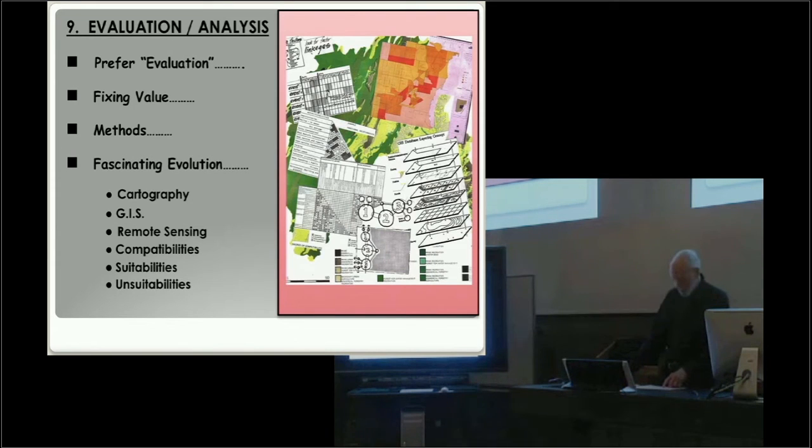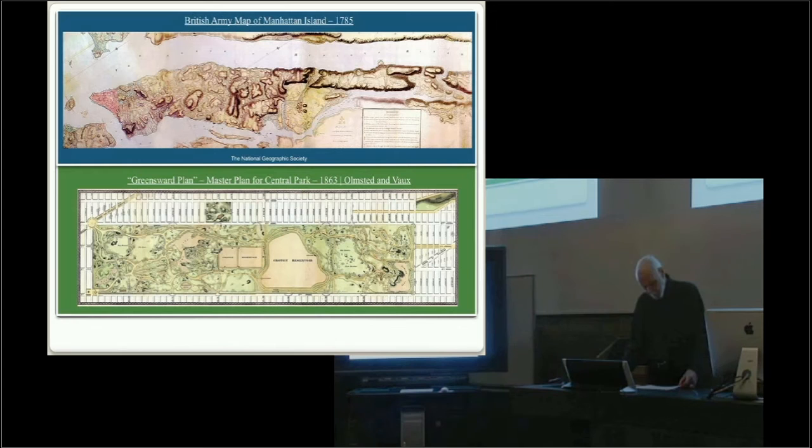Evaluation methods to document and apply the various natural systems and human forces of a given site have gone through a fascinating evaluation and evolution. The top photo shows that the British Army in the late 1700s relied on highly detailed survey maps.